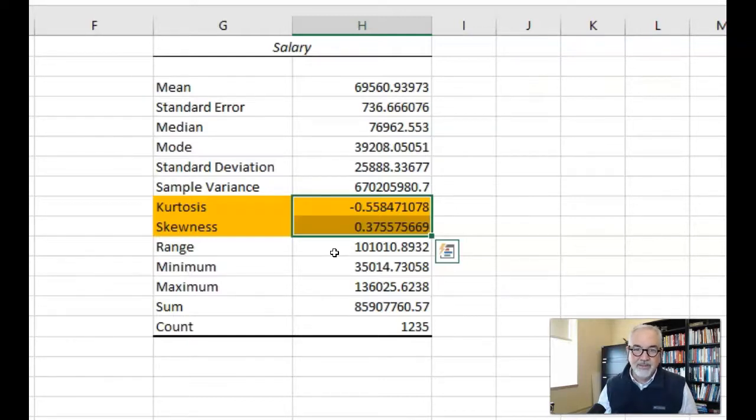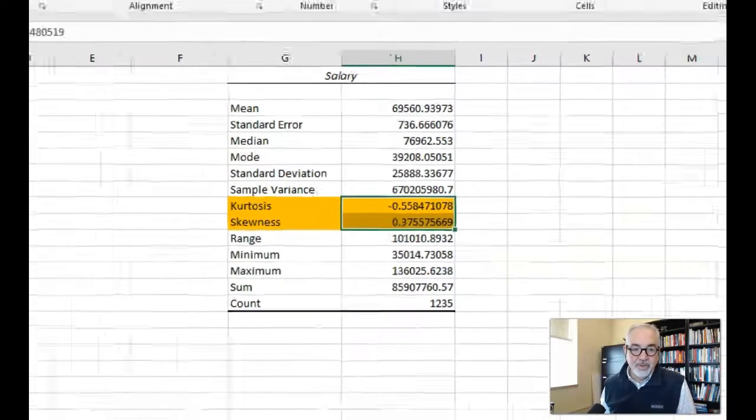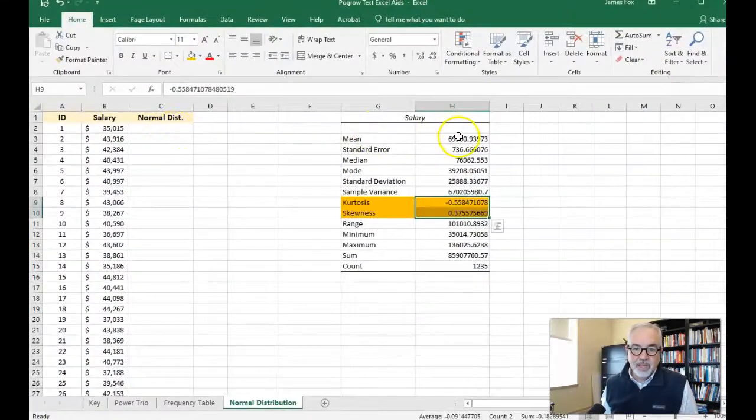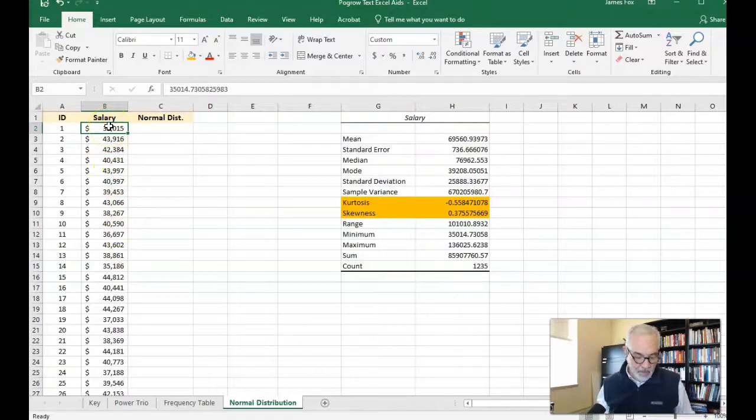There's a way of looking at the shape of the bell, and we do this by looking at the average and the standard deviation. So the first thing that we need to do is put this data set in order.